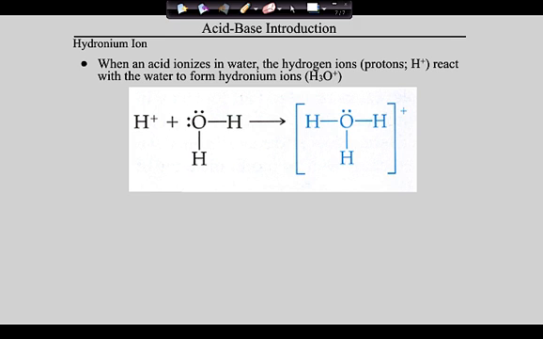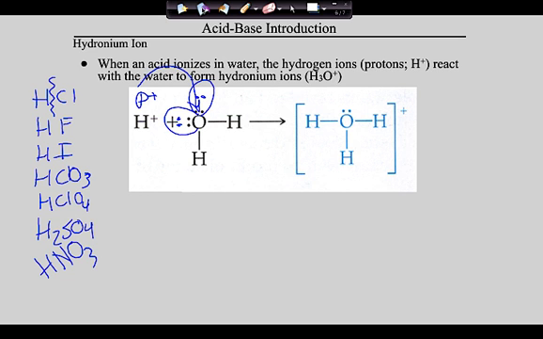So the strong acids, are those ionic bonds? No, interestingly, no. These are all covalent bonds. I thought HCl was... It's not, no. And this is interesting, and we're going to look at this in two class periods.